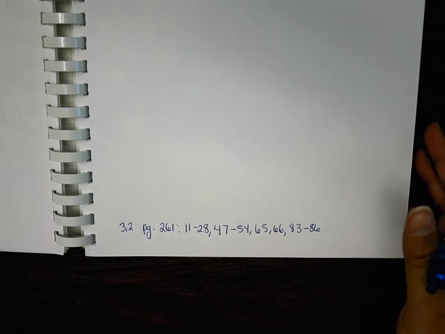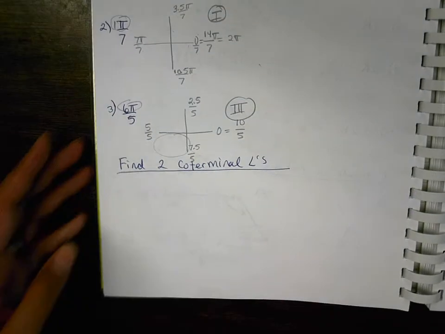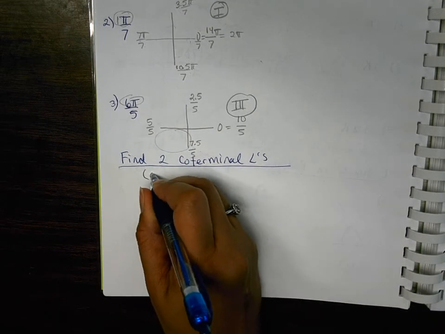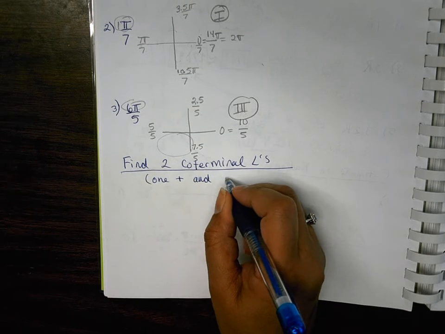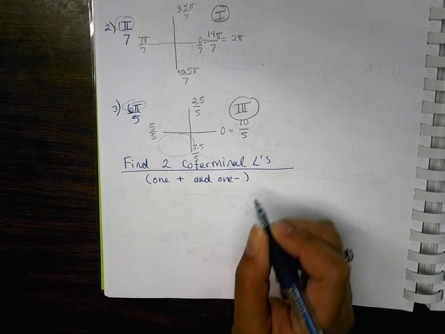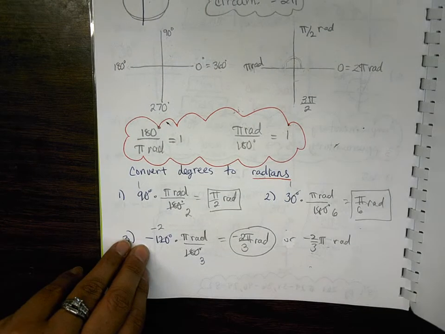All right, I'm going to continue with the notes. Co-terminal angles, I want one positive and one negative. Did we do that on block day as well? Do you guys remember on block day what we said and how to do it? We add and subtract 360.